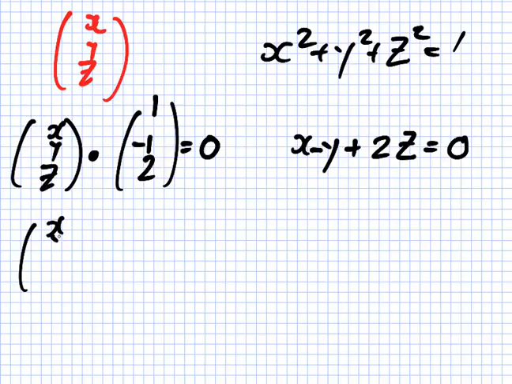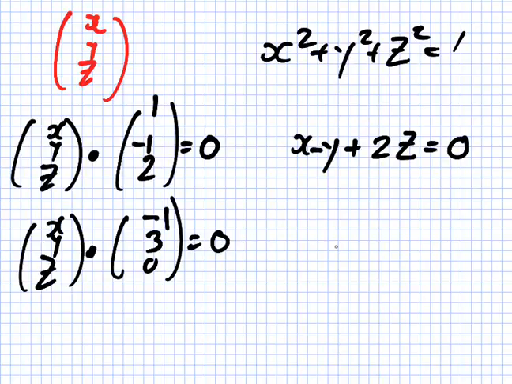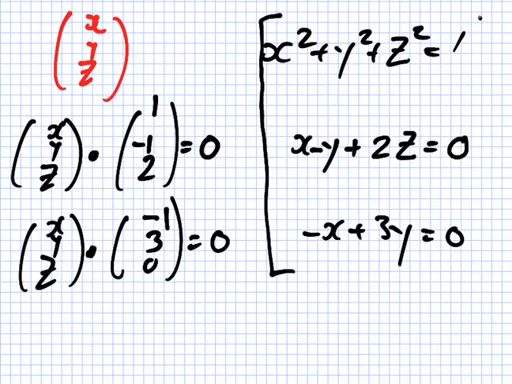I also say when you dot the vector with, what's the next one? Minus 1. Yep. And 0. You also get 0. So if you think about what's happened, we have changed these into 3 equations with 3 unknowns, x, y, z.